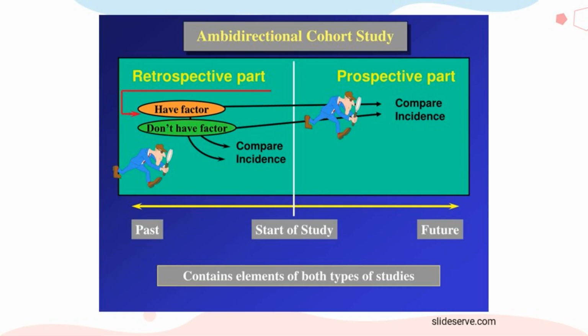An ambidirectional cohort study is a type of observational study that combines aspects of both retrospective and prospective cohort studies. It uses existing data to document past events while also monitoring future outcomes.